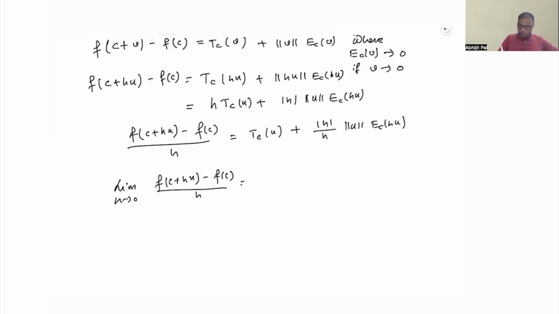So this will be equal to TC u, and if I take the limit h tends to 0 here, this whole thing will tend to 0.